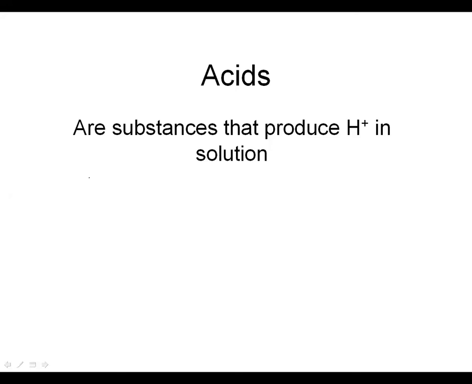What that essentially means, for example, is something like HCl, which is hydrochloric acid. When it's in water, it produces H+ and Cl-. And because it produces this H+ in water, it's considered an acid. And there are some rules in terms of how we name acids.